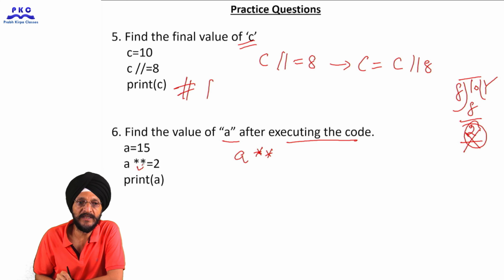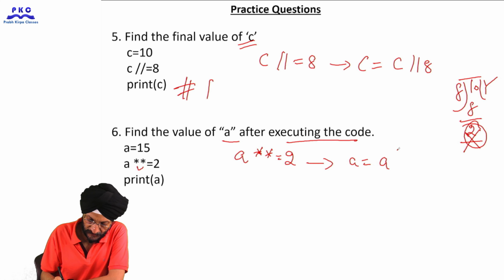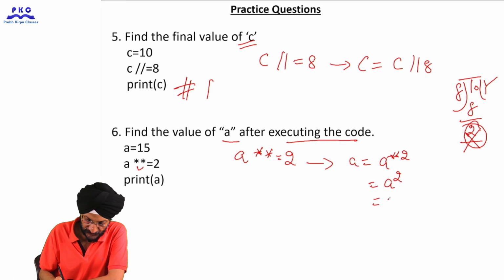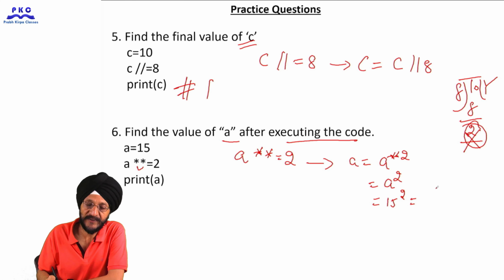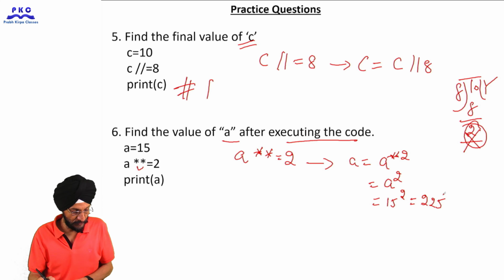It means A is equal to A raised to power 2. What is A? It is 15 raised to power 2. 15 into 15, it will be 225.